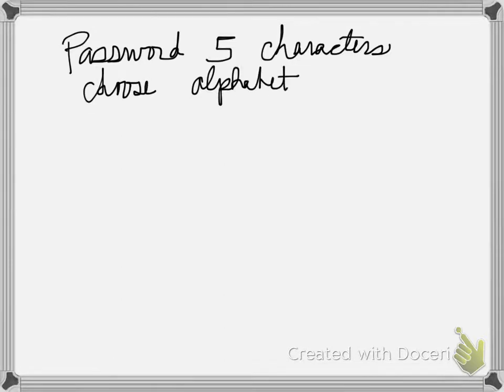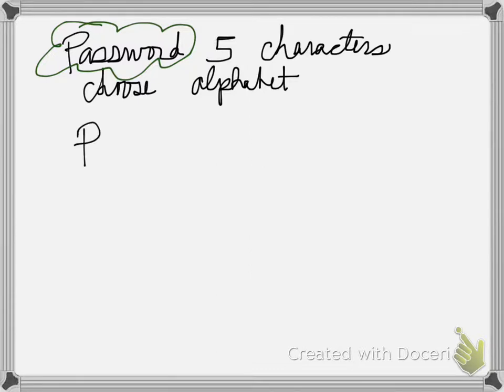So it can be anything in the alphabet. Okay, so 5 characters. Now remember, a password. In a password, the order matters. When you type your password in, can you just type the letters in however you want? No. You got to type the first one in, the second one in, and so on. So the order matters. So this one is going to be a permutation.